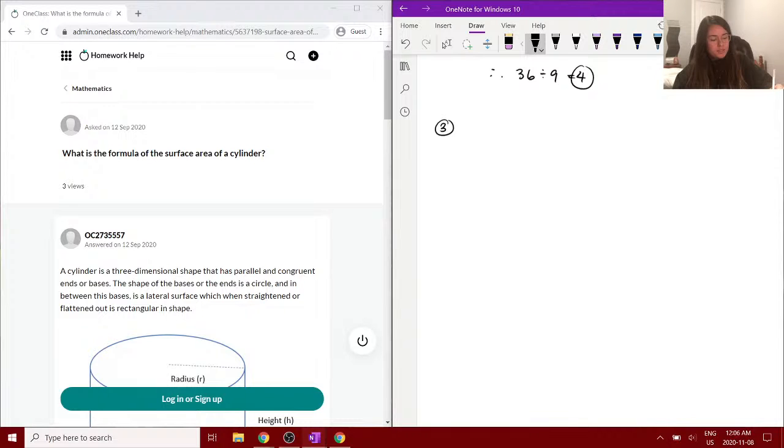So let's draw a cylinder here. We have the base here. So this is the top.